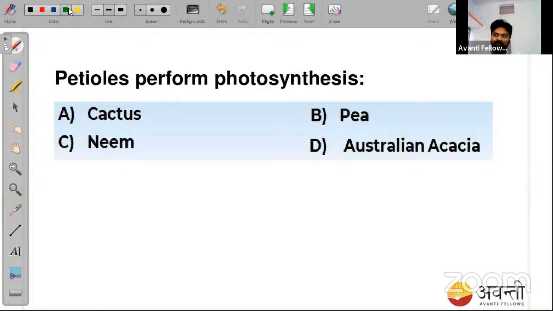Maximum people chose option A. Obviously, option A is not the correct option. Actually, the correct option is option D. Why is it not correct? We will discuss.